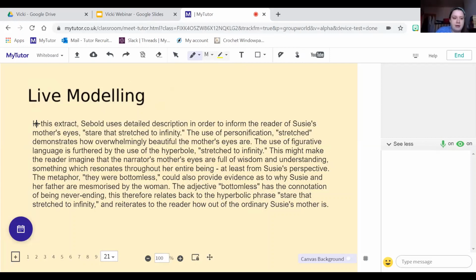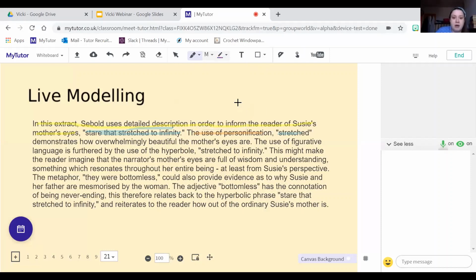So all of this first sentence here is my point, effectively. Then I've got my evidence. Then I've got some terminology. So at the moment, I'm basically following PETER. Then I've got another piece of evidence.